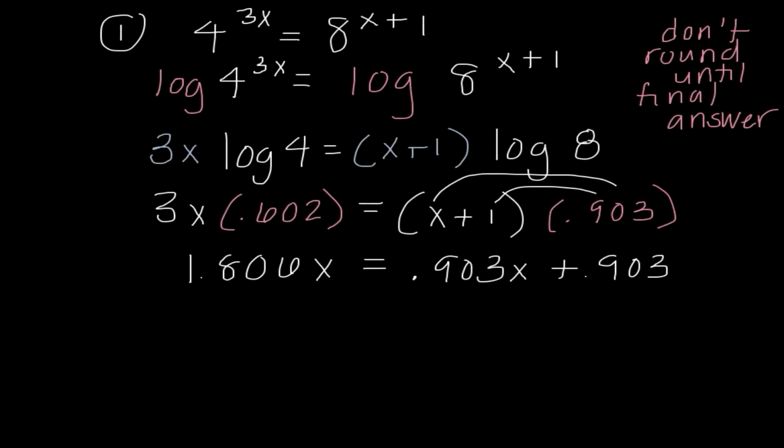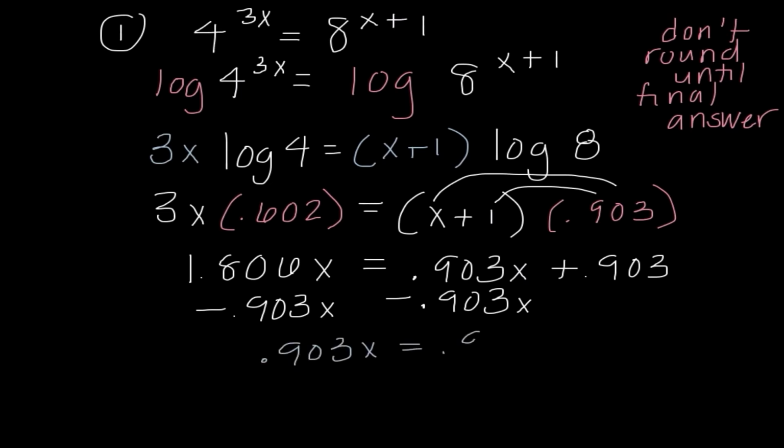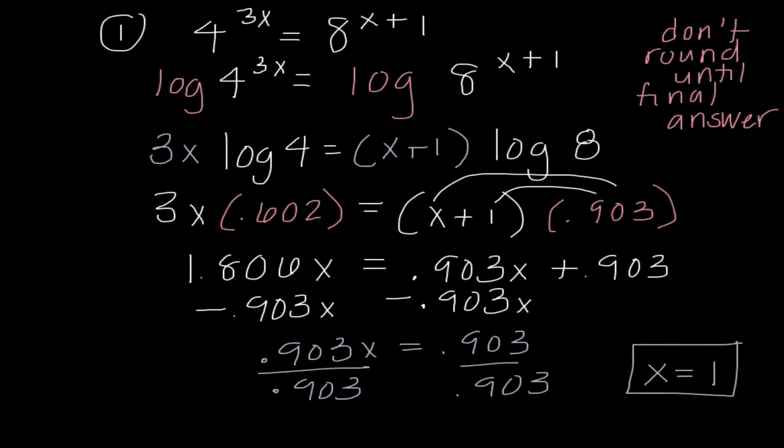This actually works out really nicely because when I subtract 0.903x from both sides, I end up with 0.903x equals 0.903. To isolate x, I'm going to divide both sides by 0.903, and I end up getting x equals 1. We already checked that, so I know that that is another true answer.